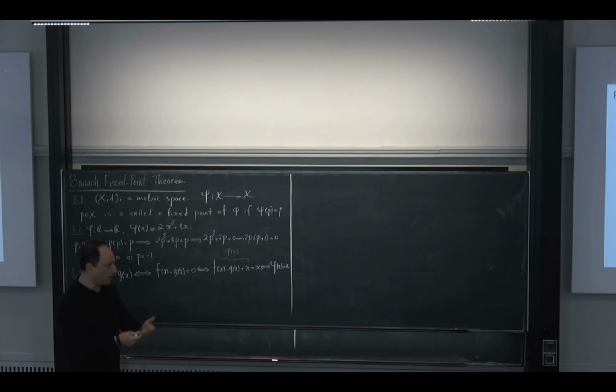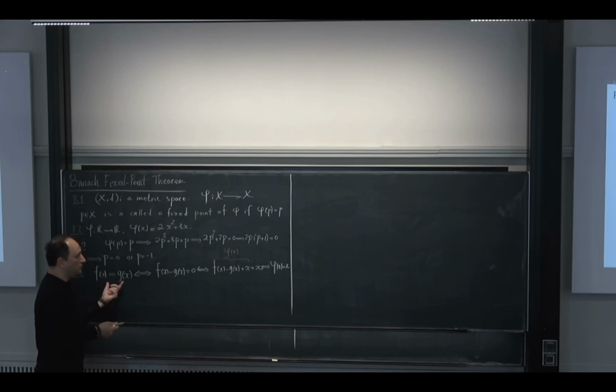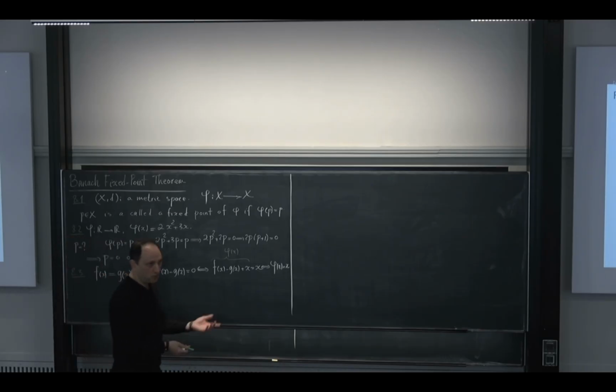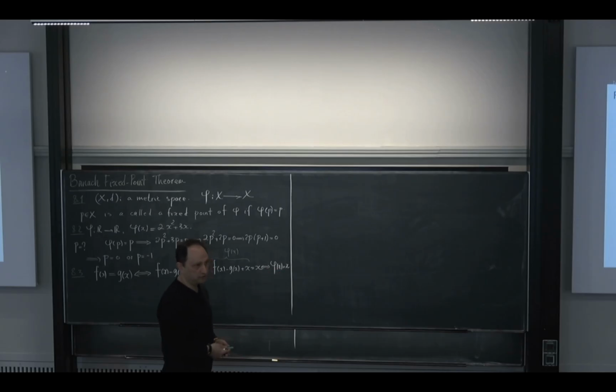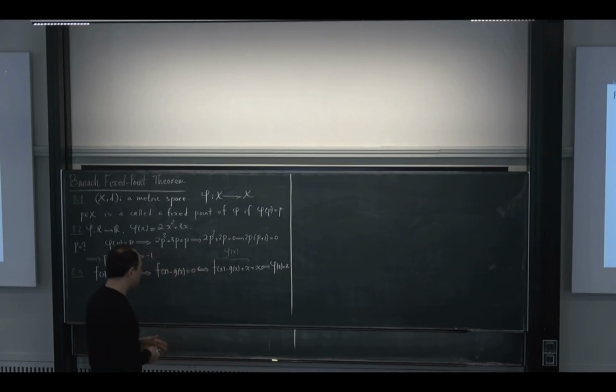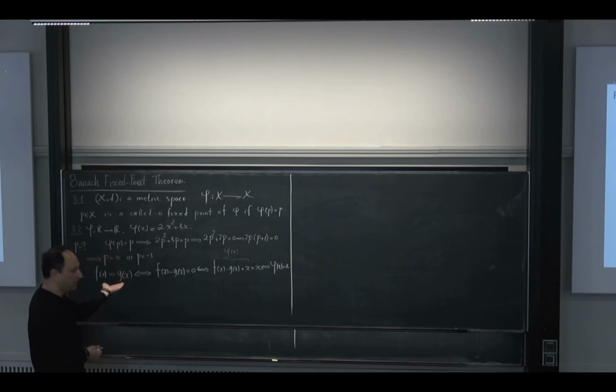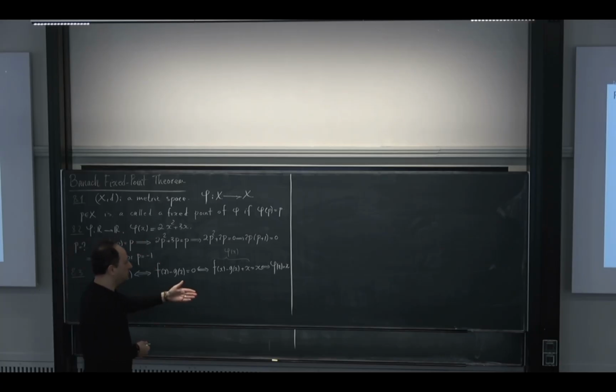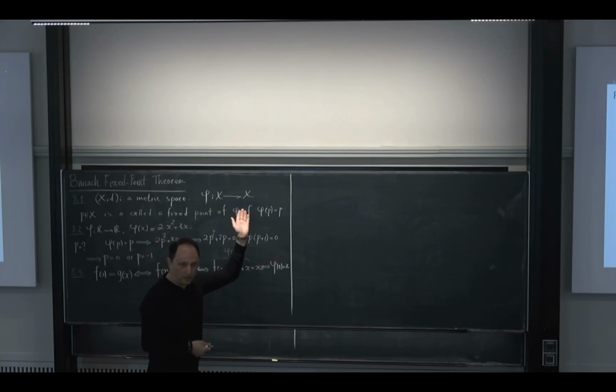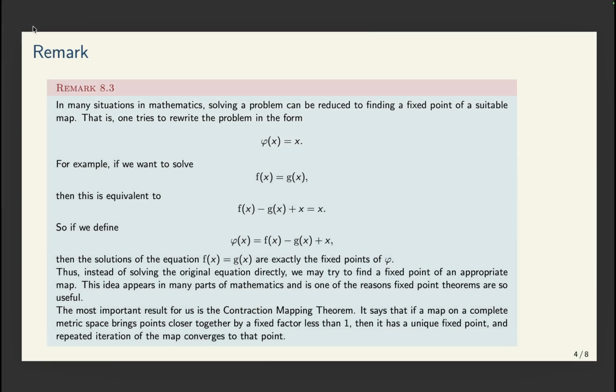If I can define an appropriate phi, solving my equation is equivalent to finding the fixed point of that particular phi, and we will solve some examples today. Is that clear? Equations like this can be reformulated as finding a fixed point of another appropriately defined function. That's the content of this remark. Is there something I am missing?